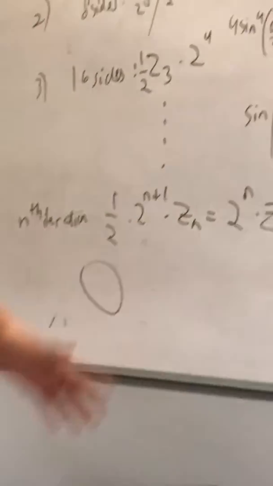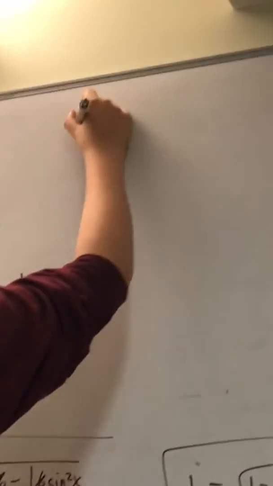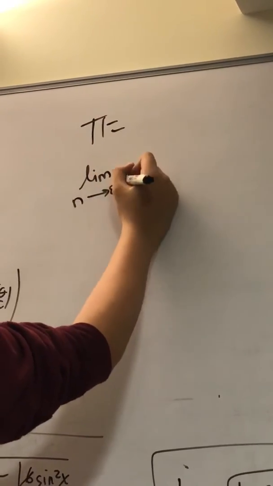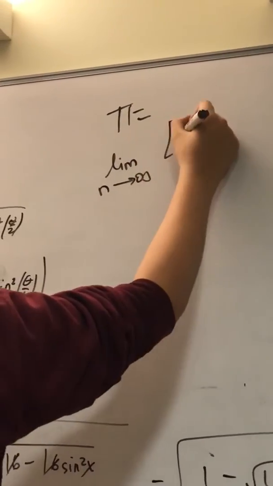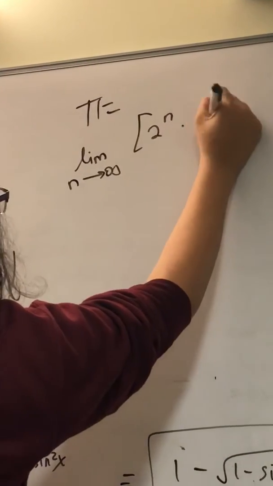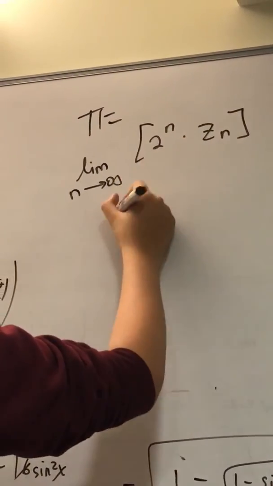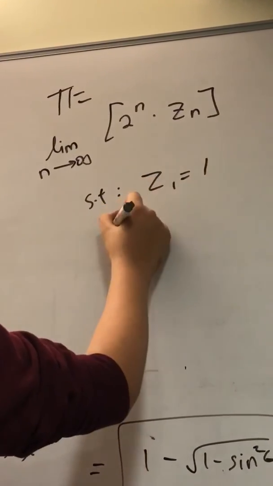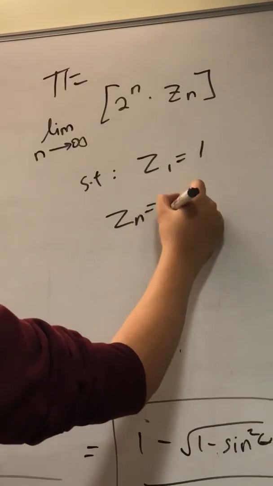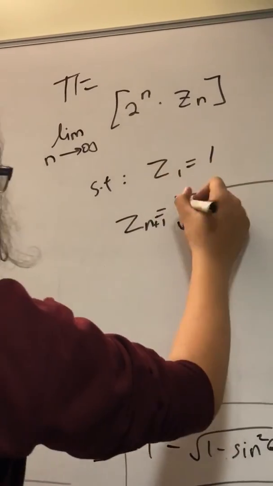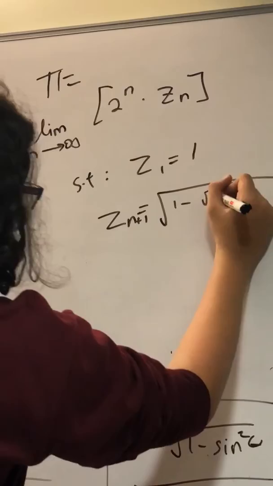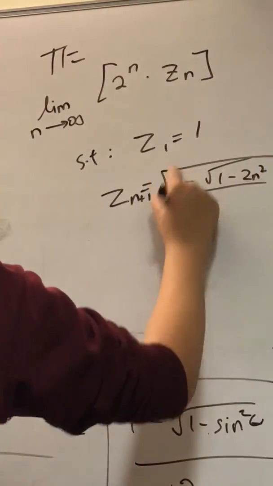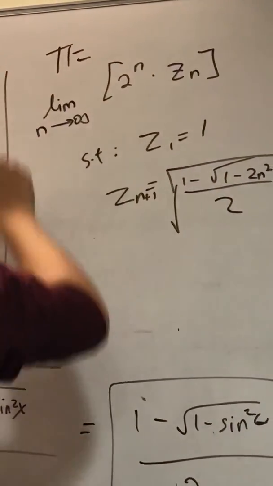So we can say that pi is equal to the limit as n approaches infinity of 2 to the n times Zn, such that Z1 is equal to 1, and Z(n+1) is equal to the square root of 1 minus the square root of 1 minus Zn squared over 2. And that right here is your definition of pi.